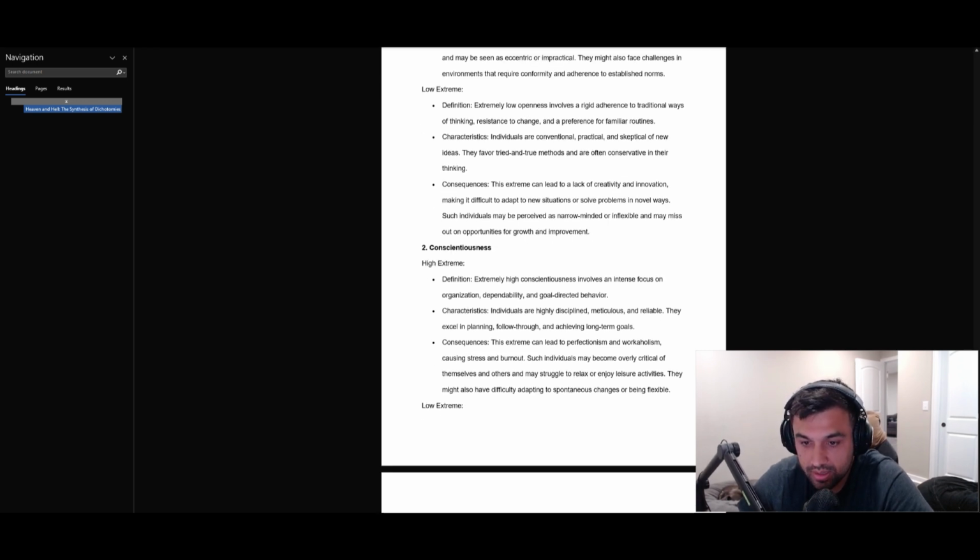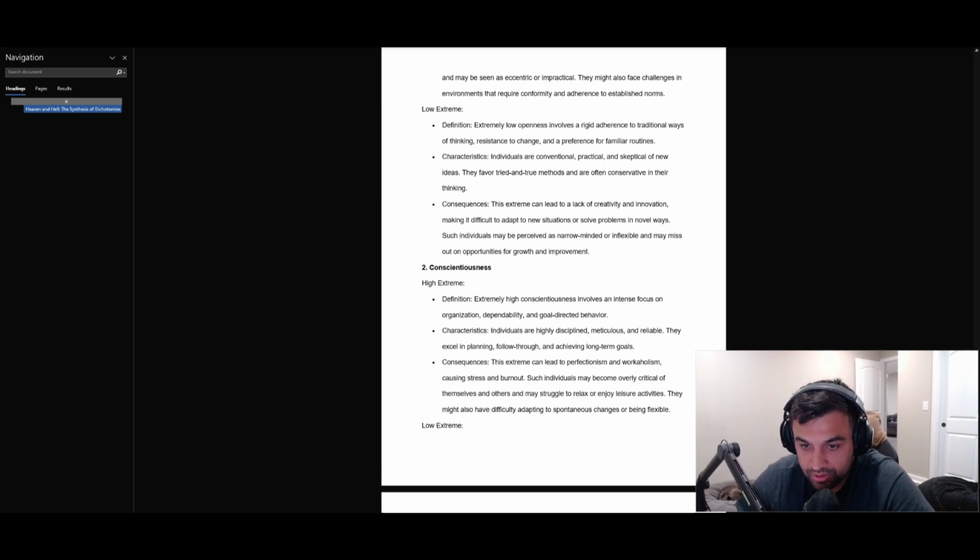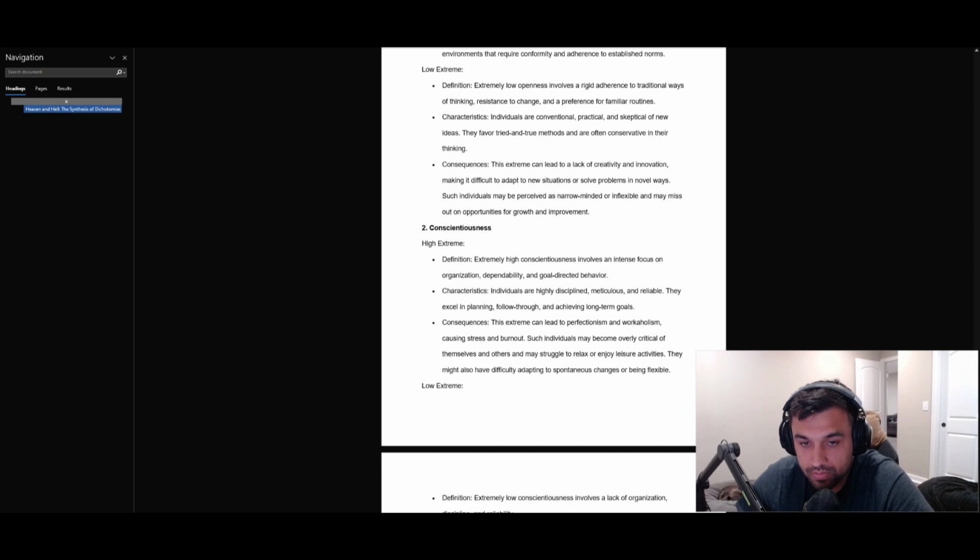So then you have conscientiousness. We went over openness. We have conscientiousness. A high extreme of conscientiousness is defined as extremely high, intense focus on organization, dependability, and goal-oriented behavior. Characteristics include disciplined individuals, meticulous and reliable.